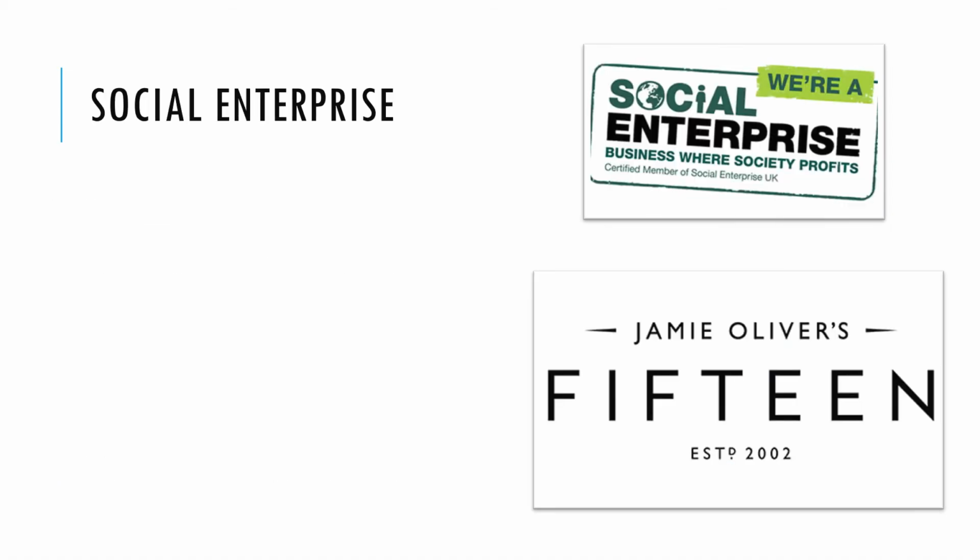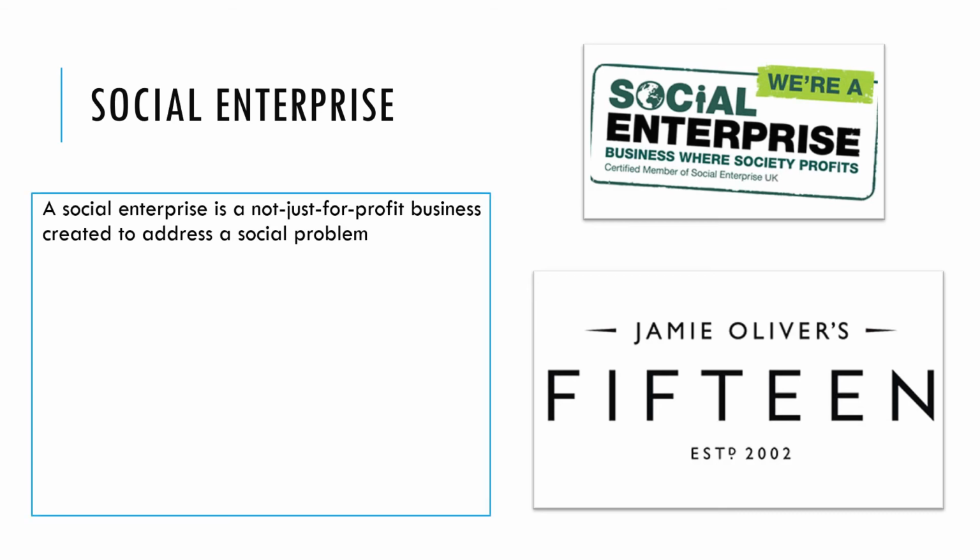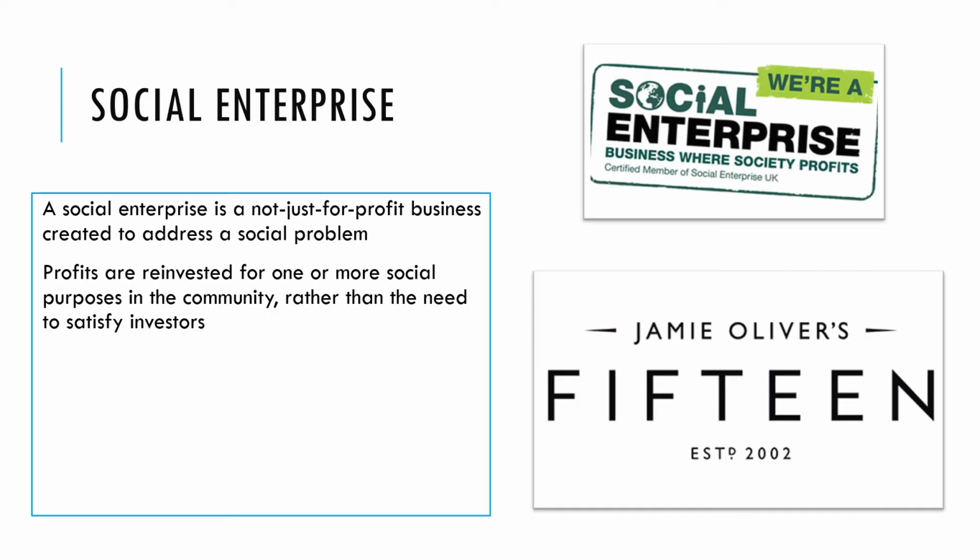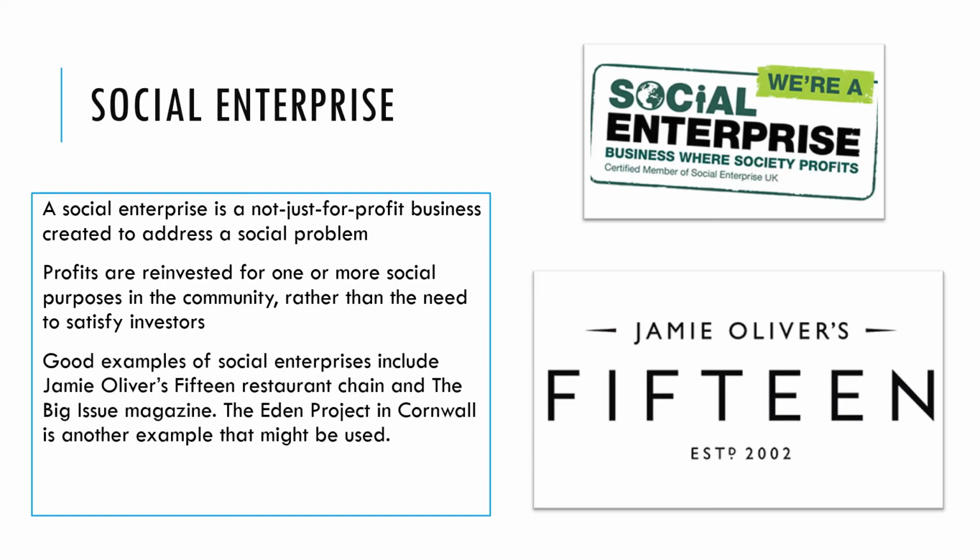Another type of business we need to be aware of is called a social enterprise. And that again is normally a not-just-for-profit business. So they might make a small profit and reinvest it, but the business has been created to try and address a social problem. So profits are normally reinvested for a social purpose in the community rather than the need to satisfy investors.